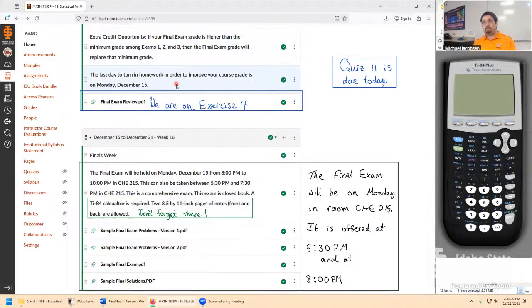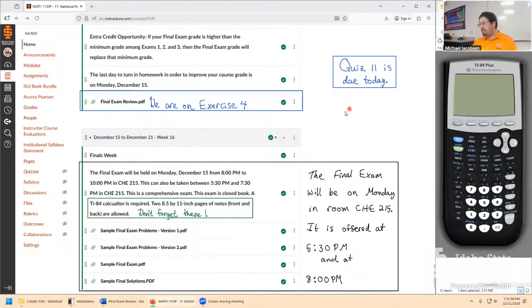Another one is really not exactly extra credit, but it's allowing us to turn in any quiz whatsoever that might have gone late for full credit. And same with MyLab Statistics. Any work you do here closes on Monday, but any work you do on any MyLab Statistics topic that might have gone past due, you can bring that score back for full credit as well. So quiz number 11 is the last one due.